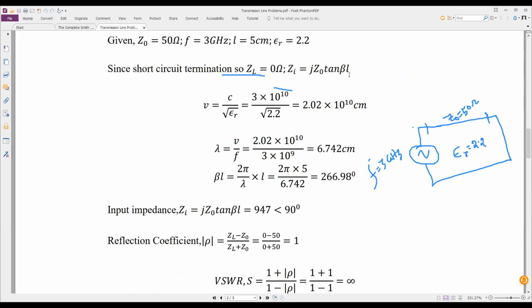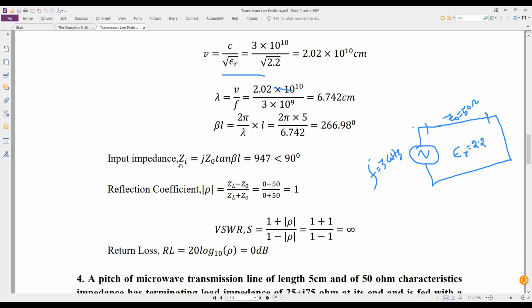Here v is equal to c by square root of epsilon R. So find out the velocity, that is 2.02 times 10^8 meters per second, and lambda is equal to v by f. So put this value of lambda. Beta L is equal to 2 pi by lambda into L. So put this in, then you will get 266.9 degrees.